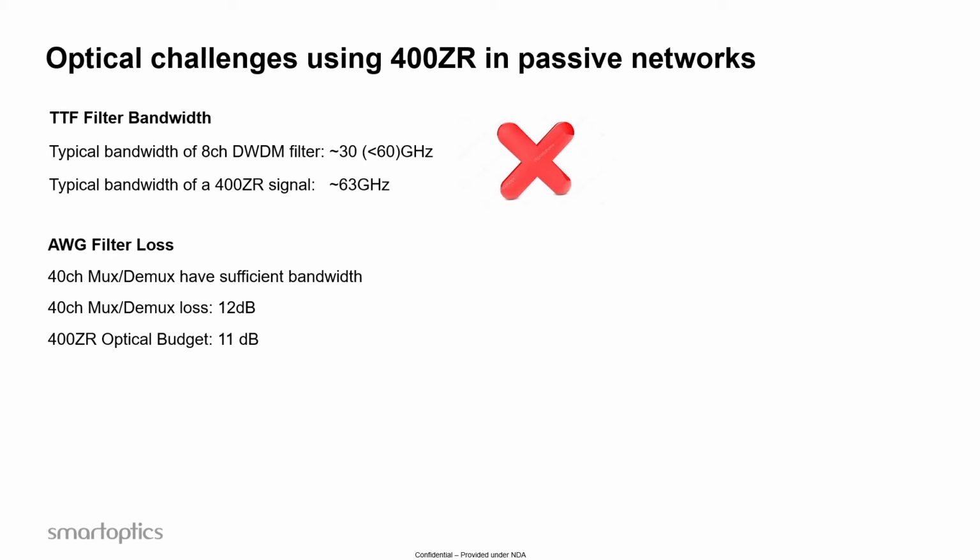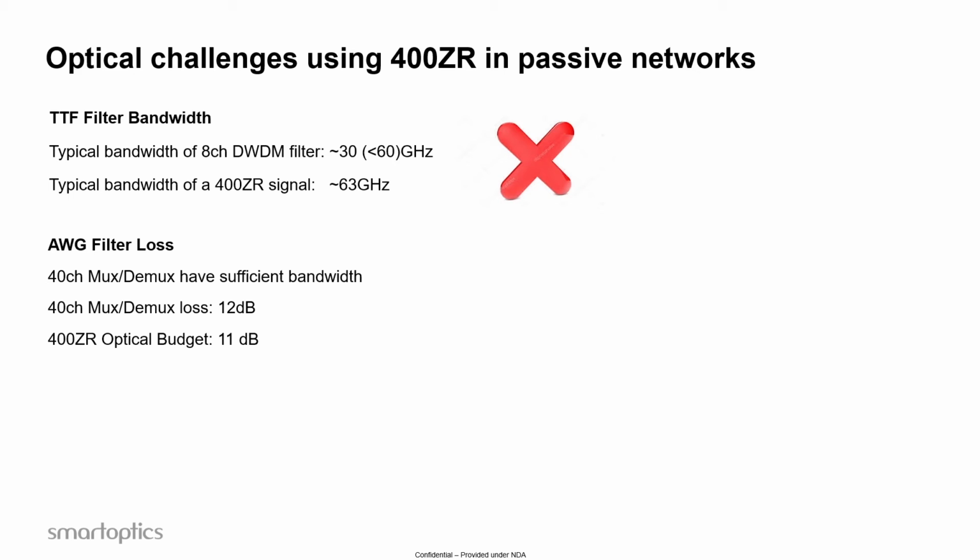There are other technologies like AWG filters. Those will typically have sufficient bandwidth. However, then you have a challenge with the optical losses. If I take the worst case numbers for a standard 40 channel mux, it can be up to 12 dB. Typical values will be lower, but worst case can be up to 12 dB.